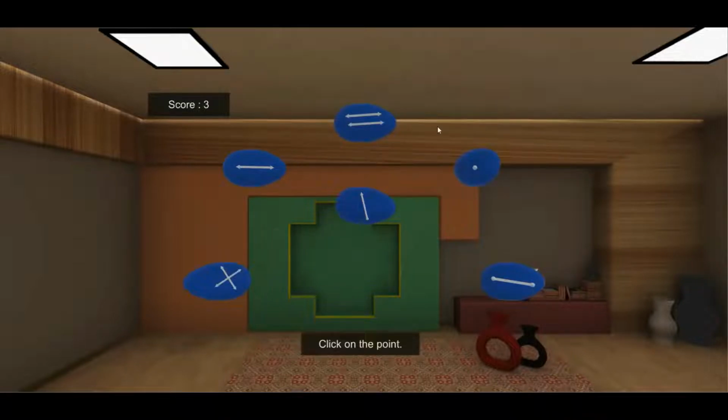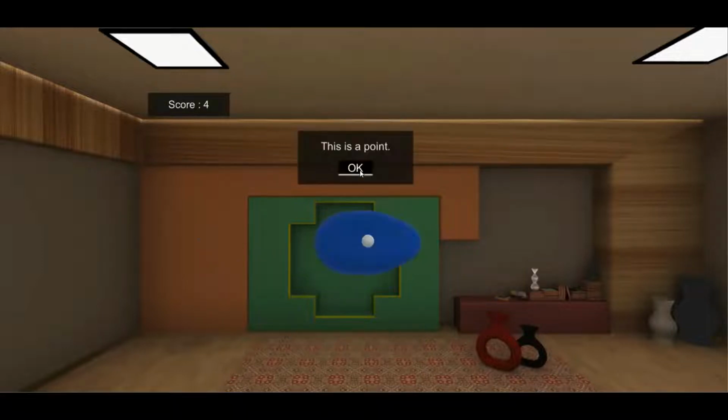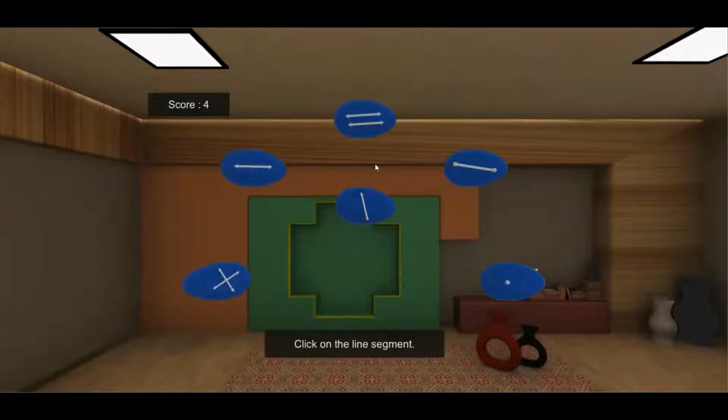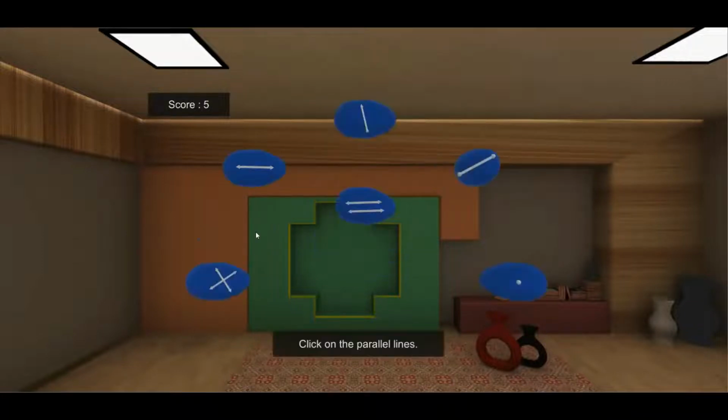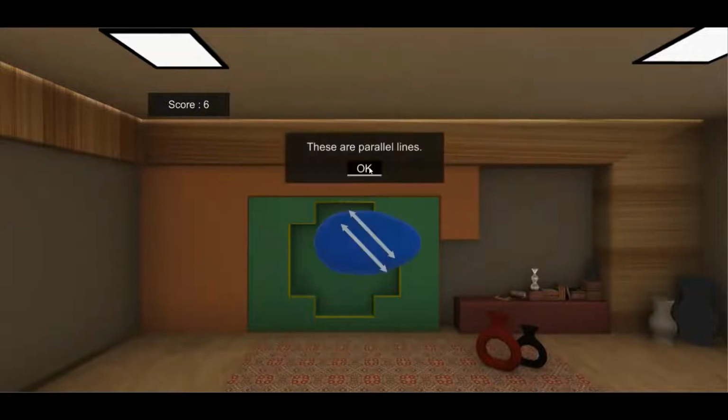Which one's a point? This? Oh, this. All right, let's try this. Correct. This is a point. Click on the line segment. Which one's a line segment? This? Okay. Right. Correct again. This is a line segment. Click on the parallel lines. Which one's a parallel line? This or this? Okay. Correct. Correct again. These are parallel lines.